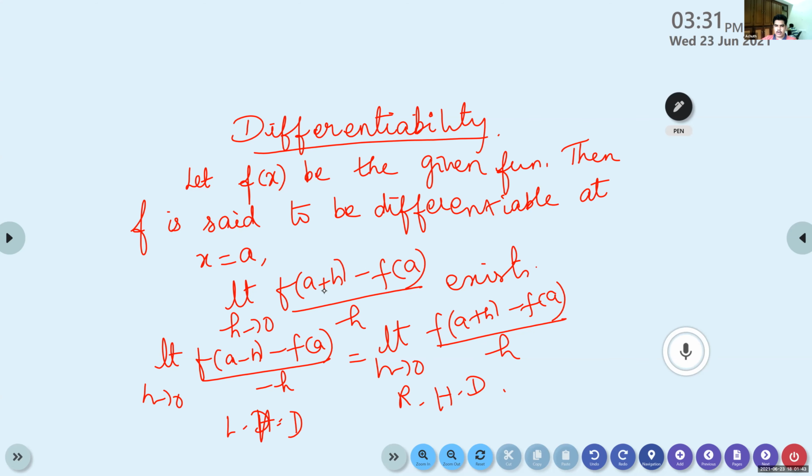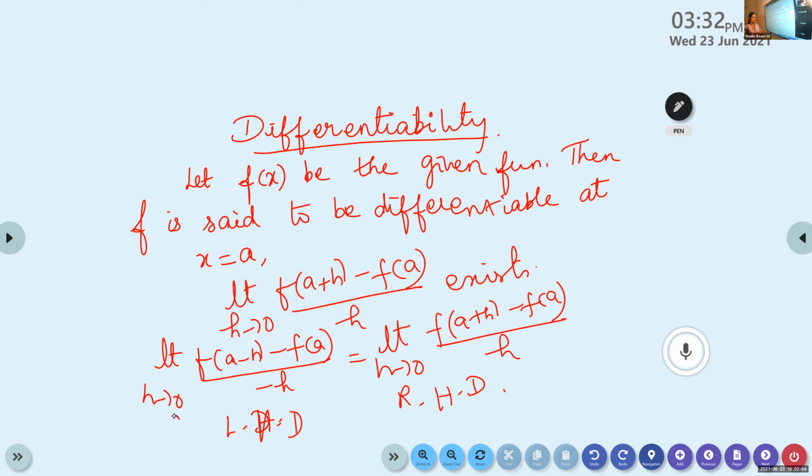Ma'am, why is it negative h in the denominator? For left hand limit, we want a number which is less than a. So we are adding negative h there. So in the place of h, we will put minus h. We want a number which is smaller than a. So from a, we want to reduce.